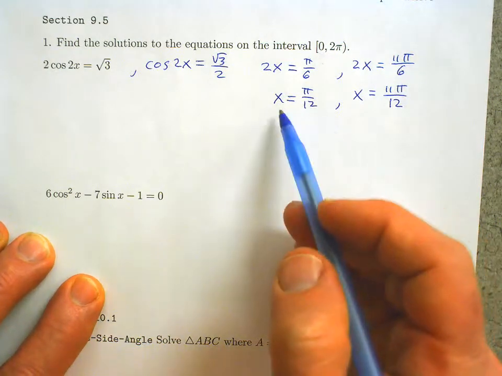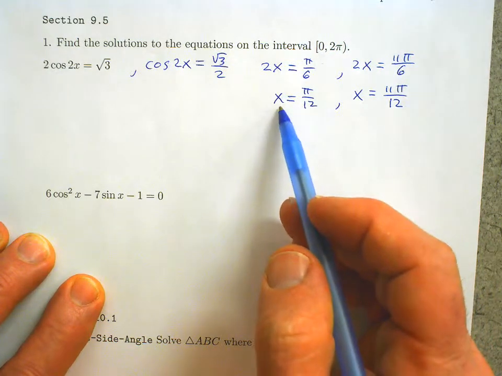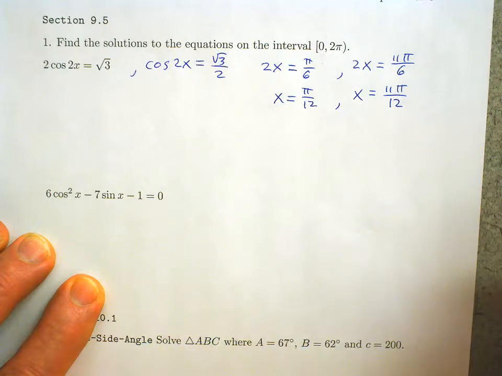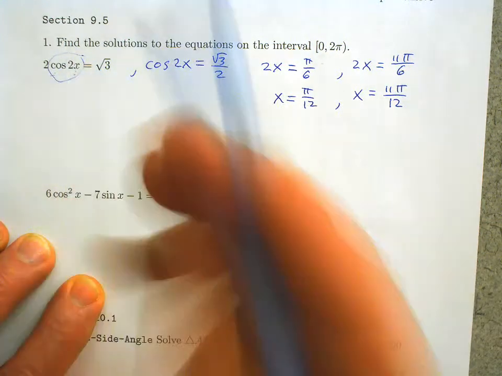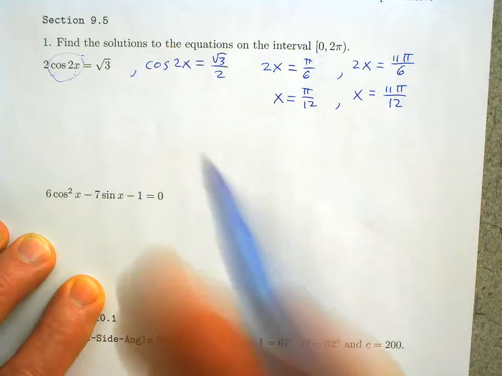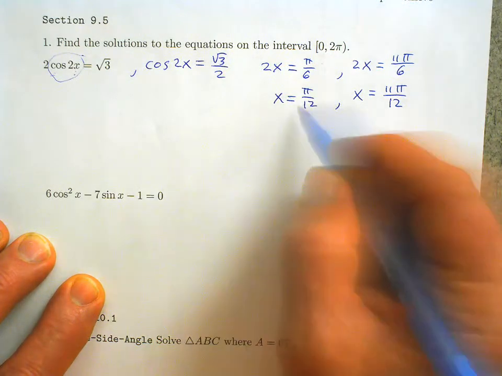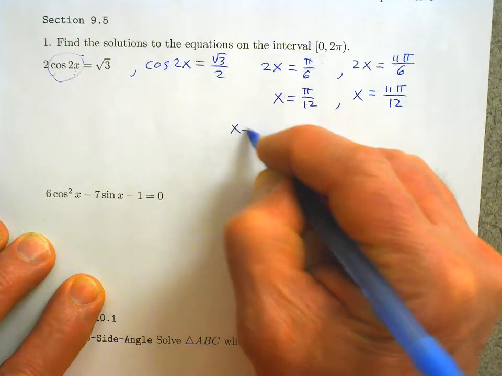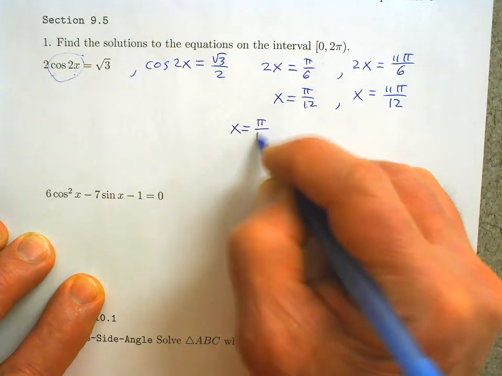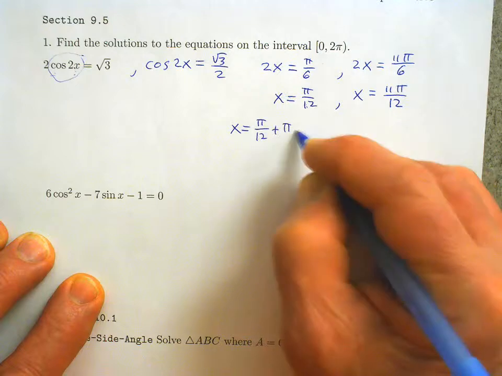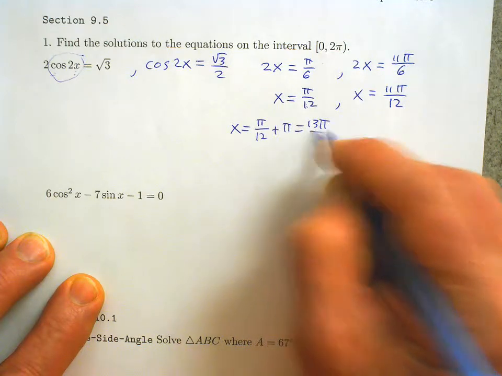Okay, remember what happens. We're going to get two more solutions. If you think of cosine of 2x, the period of cosine of 2x is pi. So to find the other two solutions, we just add pi to each of those two. So pi over 12 plus pi is 13 pi over 12.